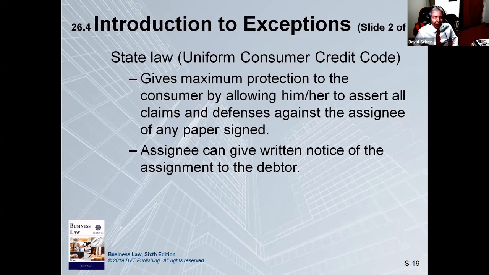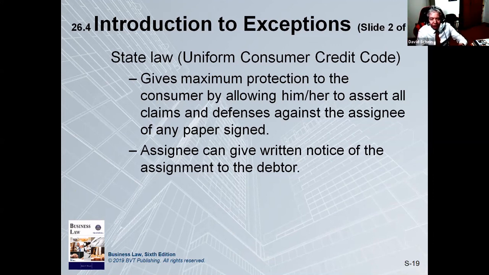So you're allowed, in a consumer situation like that, to go forward and say, no, I did not get what I was supposed to get. I didn't get the benefit of the bargain. This is important, because it prevents the leasing company or the third-party finance company from making a claim without the other side having the defense of saying, we didn't get our full consideration.